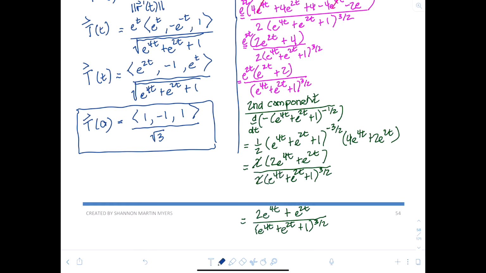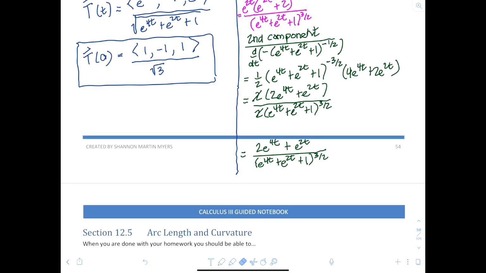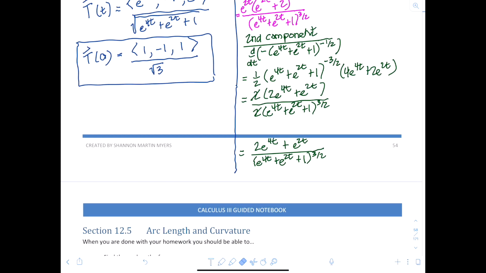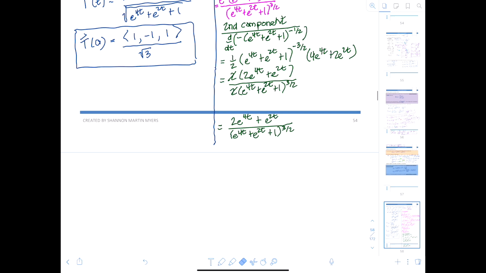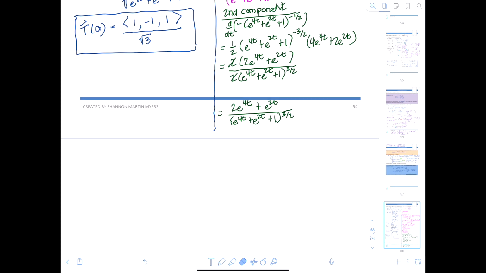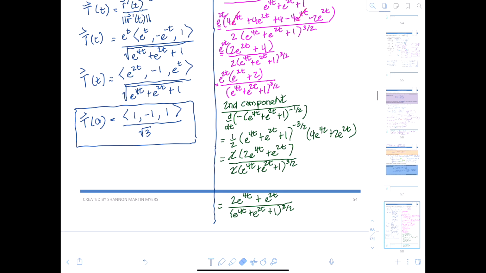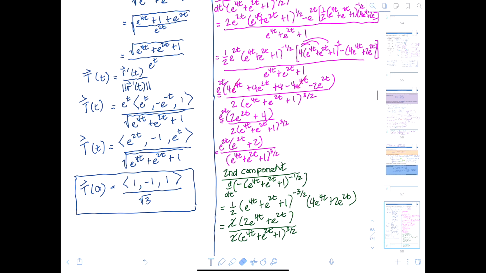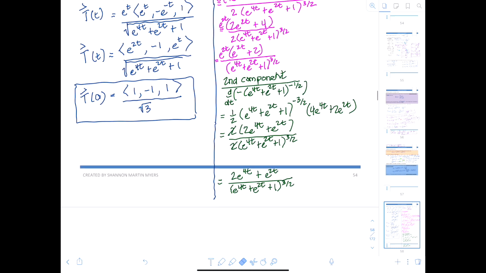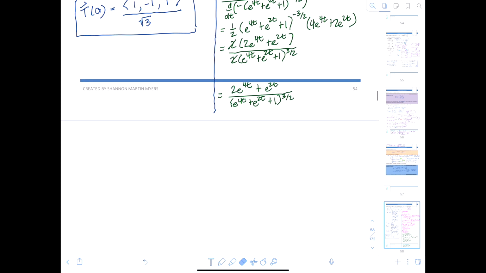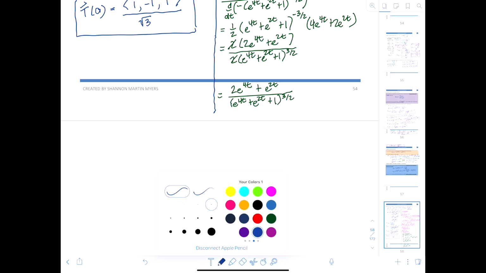Third component is going to be kind of unfriendly, sort of like our first component was. That's okay, we can do it. So we'll add a page here. Now we need to find our third component, instead of e to the 2t, it's just e to the 1t. So our third component, let's see, what color should we pick now?